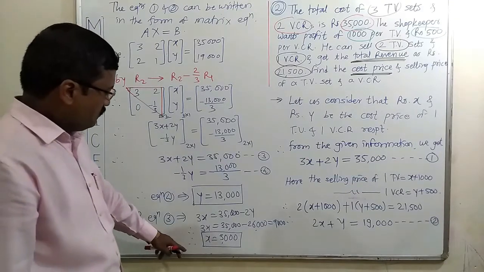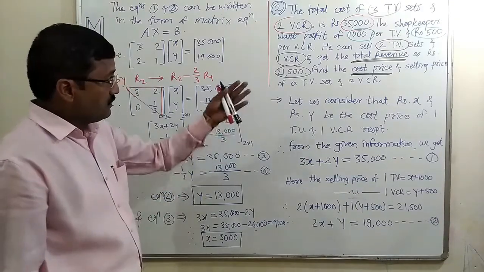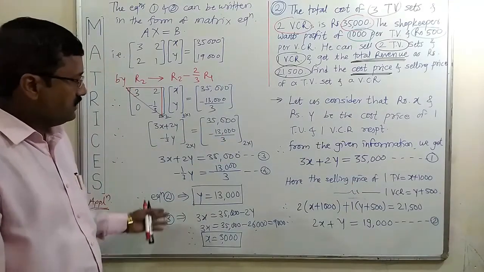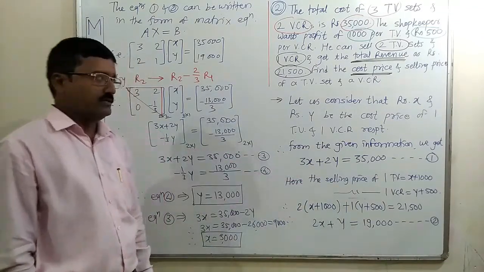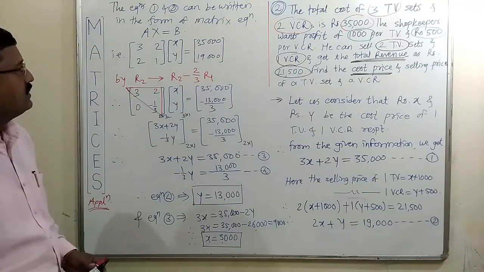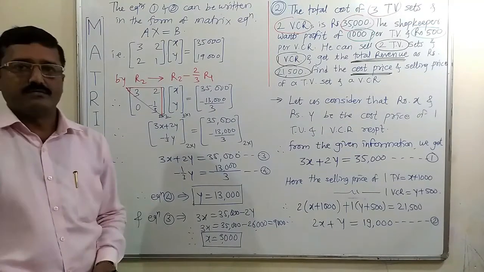So once you get the values of cost prices, then you can easily find the selling prices, because we have used this relation here. So this is the way to solve such word problems.